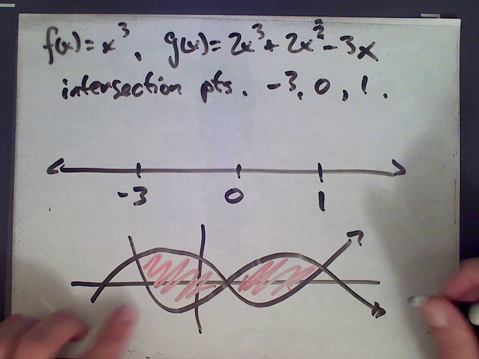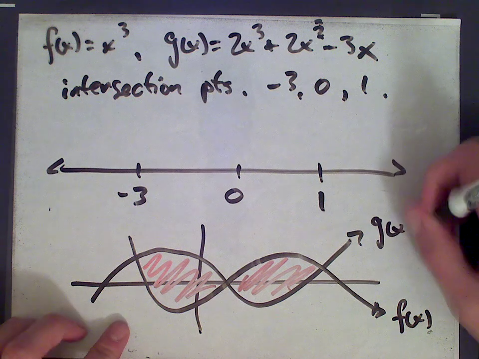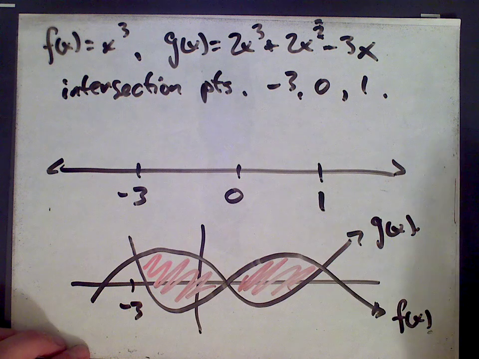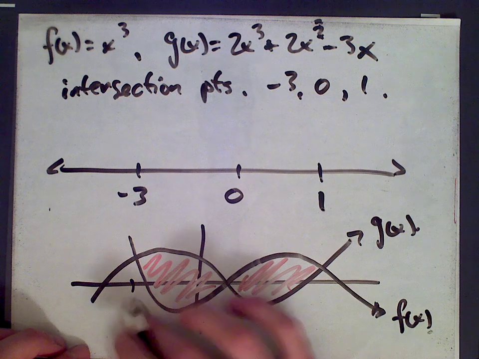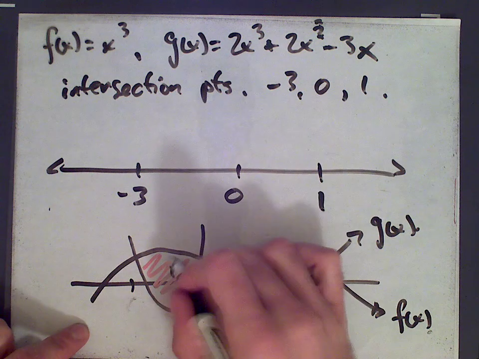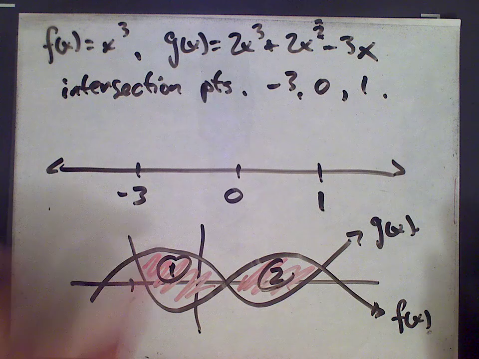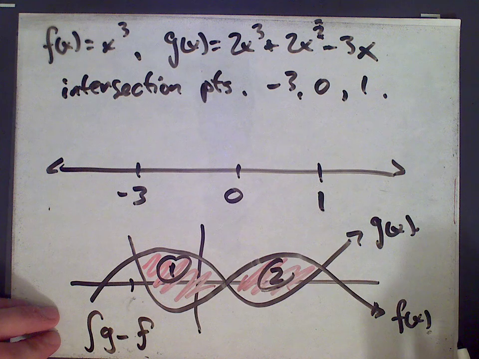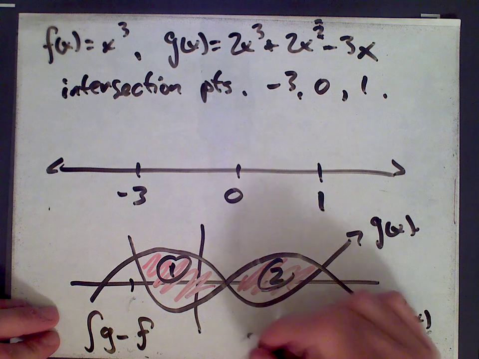If this is f and this is g, then on this region, which I'll label 1, f is smaller than g, so you'd want the integral of g minus f on 1. And on region 2, you'd want the integral of f minus g.